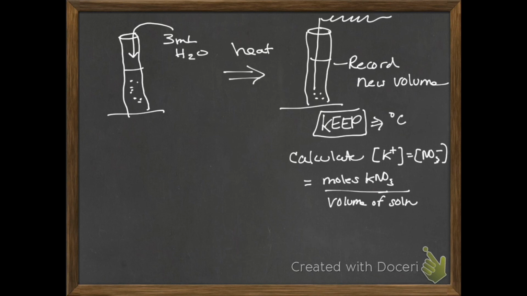We haven't added any more potassium nitrate, and we haven't taken any out. It's the volume of the solution that changes, because we're adding more water to it. So we're going to have a different concentration of potassium nitrate, and a different Ksp at each different temperature.